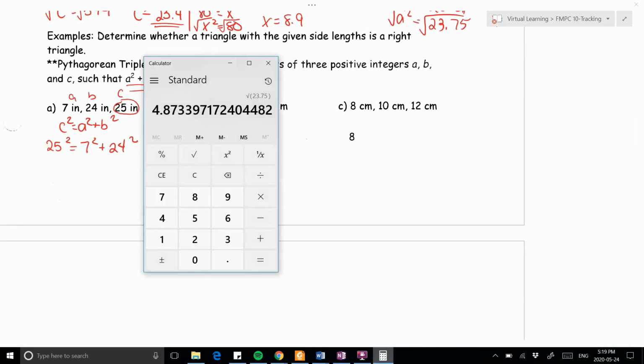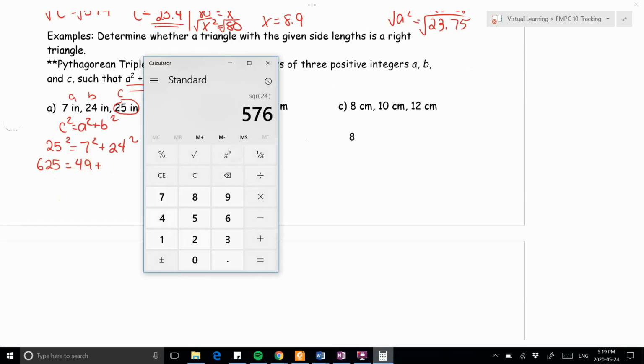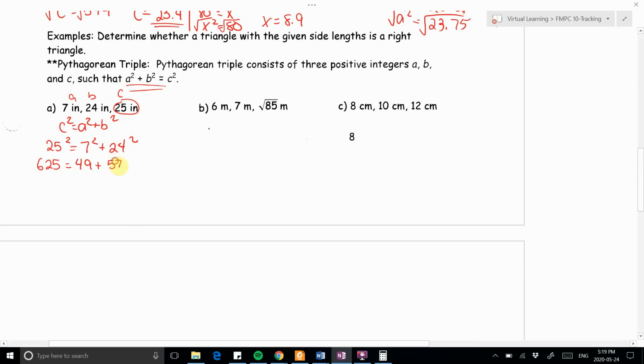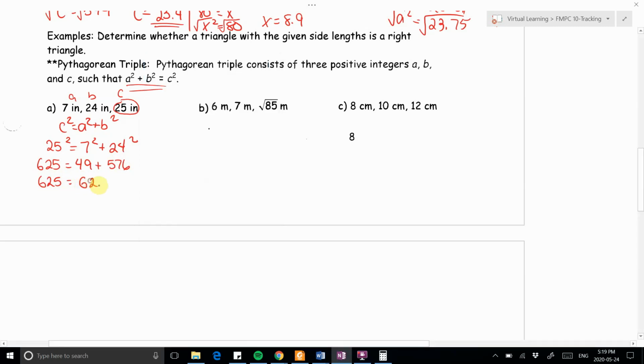So 25 squared, 7 squared is 49, 24 squared, so what is 49 plus 576? We check and see, is this statement true? Does 625 equal 625? Yes. That means this is a right triangle. If those two numbers don't match up, that means our triangle is not right.